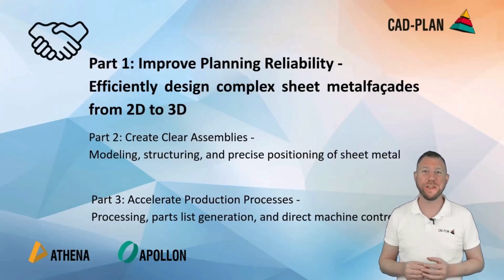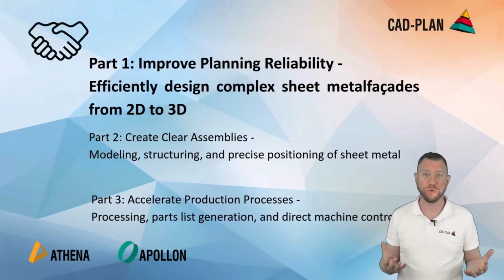This step is particularly important in real project environments. Only when engineering and manufacturing are closely connected can a truly continuous process be achieved. This helps to reduce errors, accelerate workflows, and significantly improve overall efficiency.